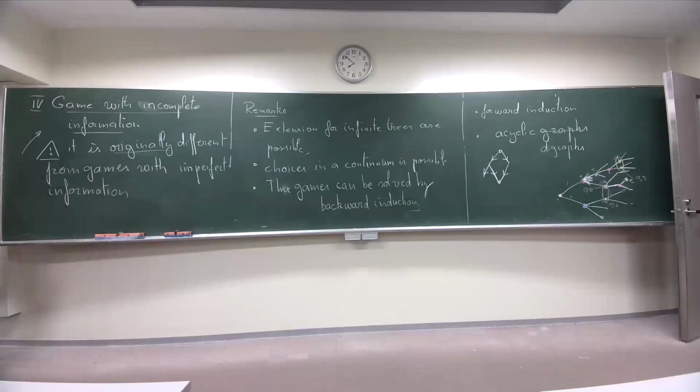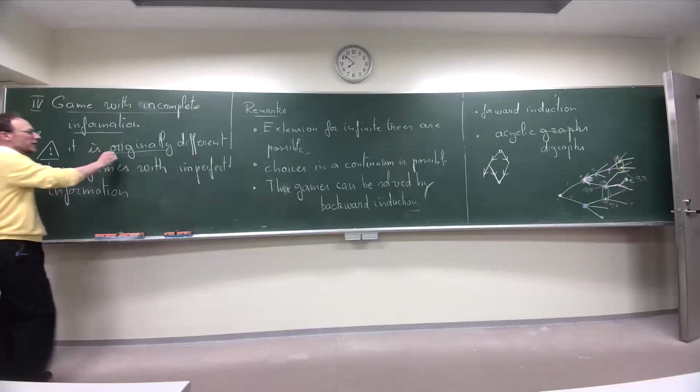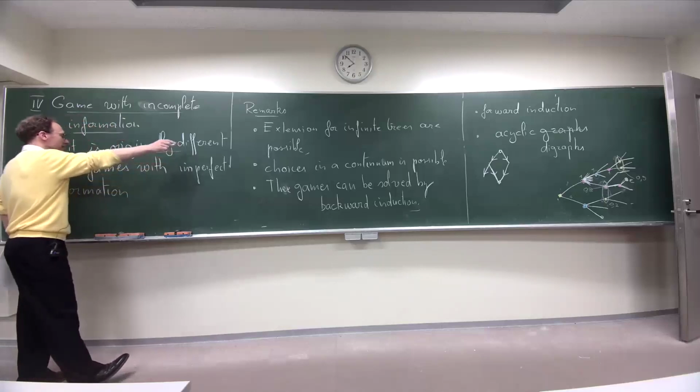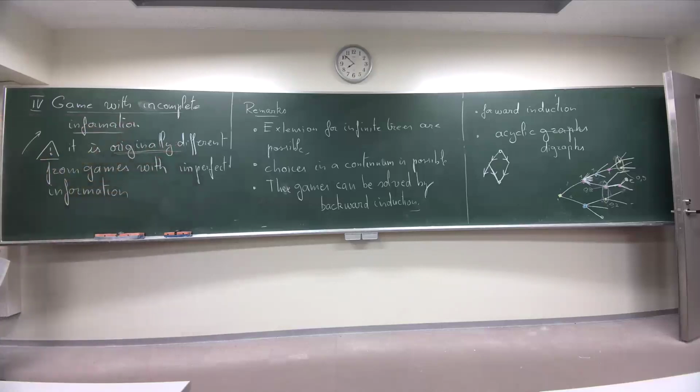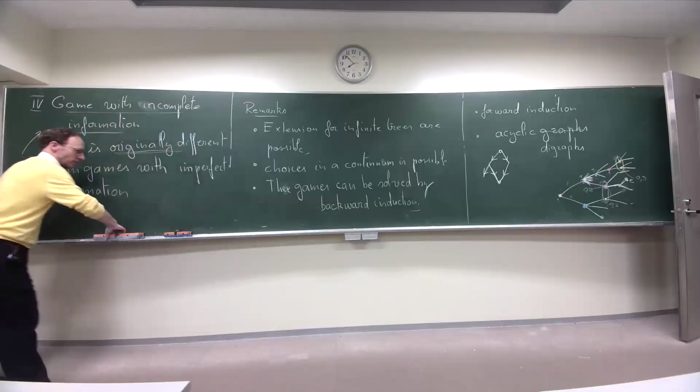We will not see this today, but next week. So they are introduced differently, but by a certain trick, you can transform this incomplete information into imperfect information, which means finally we will come back to something we have already studied. But it's not the way it is introduced.